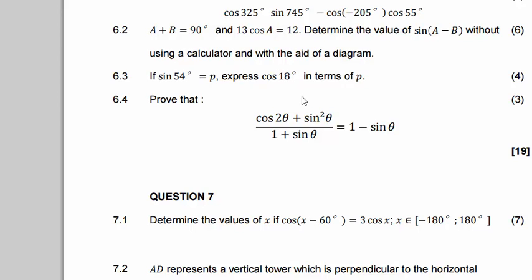If you change this one to a co-ratio, sine 54 is the same as cos of what? 90 minus 54.